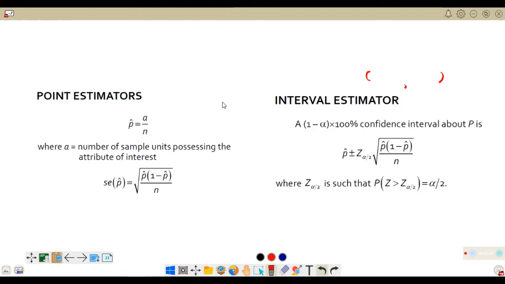So, for point estimator, we have P hat is equal to A over N, where A is the number of sample units possessing the attribute of interest.